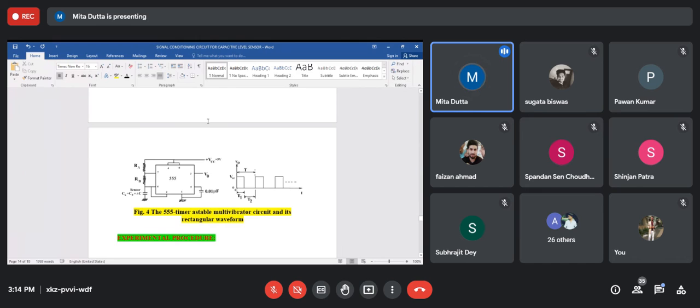It is the same circuit I have shown you previously, but instead of R1 and R2, in our experiment it is written as RA and RB, and this will be the actual capacitive sensor, and this is the V0 output. With this output we are connecting a CRO, and on the CRO we will observe this type of pulse train, and the supply is connected to plus 5 volt DC.